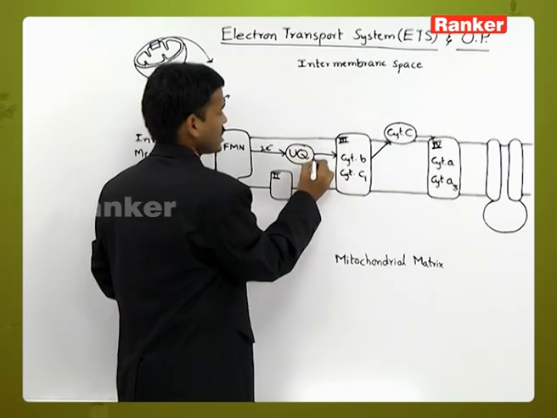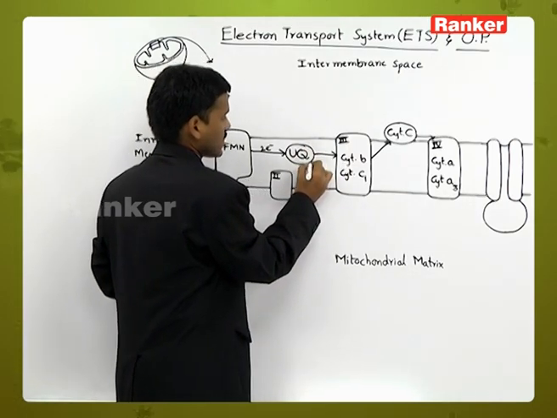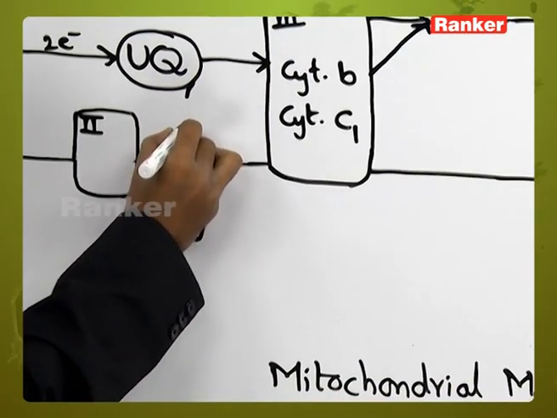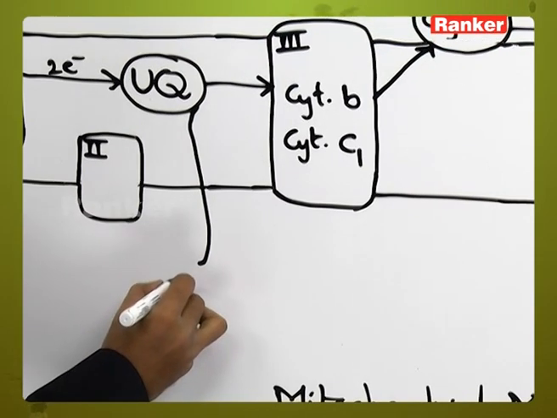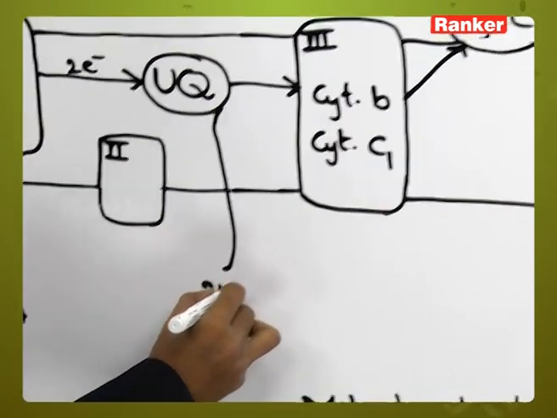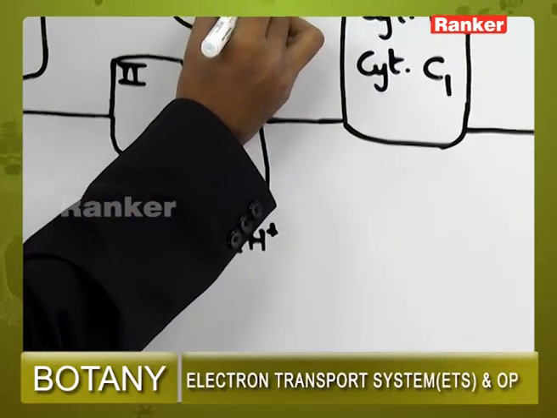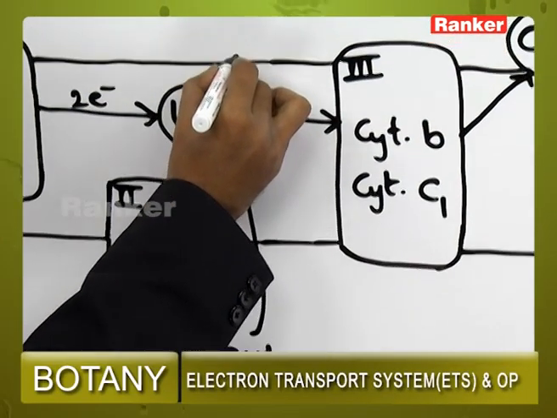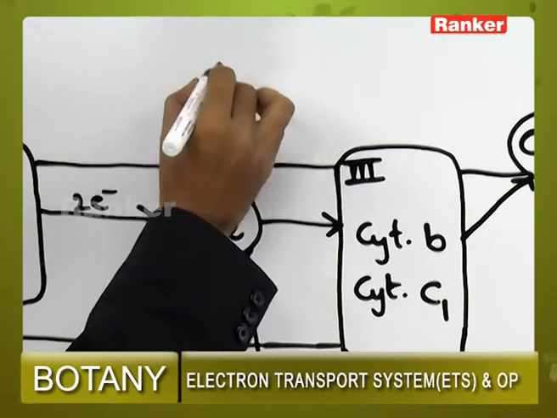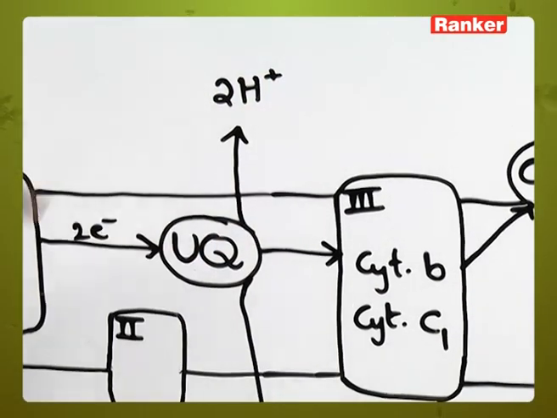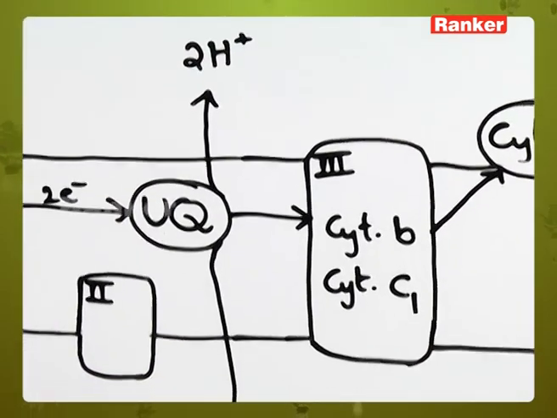Also, ubiquinone is taking two protons from the mitochondrial matrix, and these protons are released, translocated into the intermembrane space.